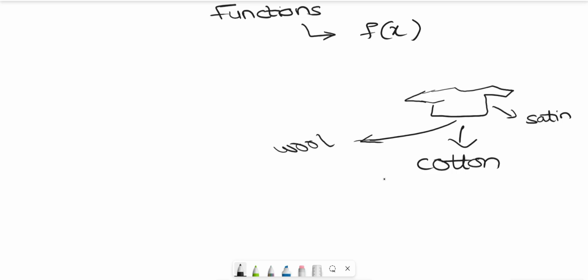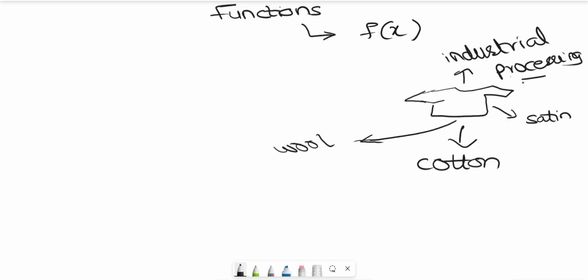What do these raw materials need in order to become a shirt? Yes, good. Industrial processing. This is the point where I wanted everyone to be.